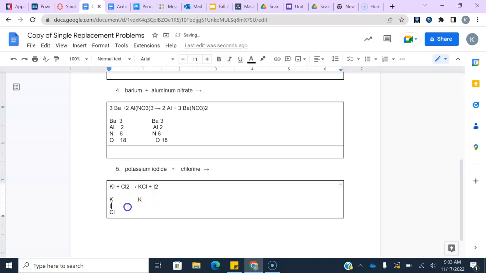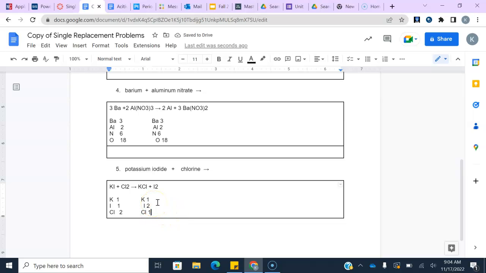Okay, so we've got 1 potassium, 1 iodine, 2 chlorine, 1 potassium, 2 iodine, 1 chlorine.